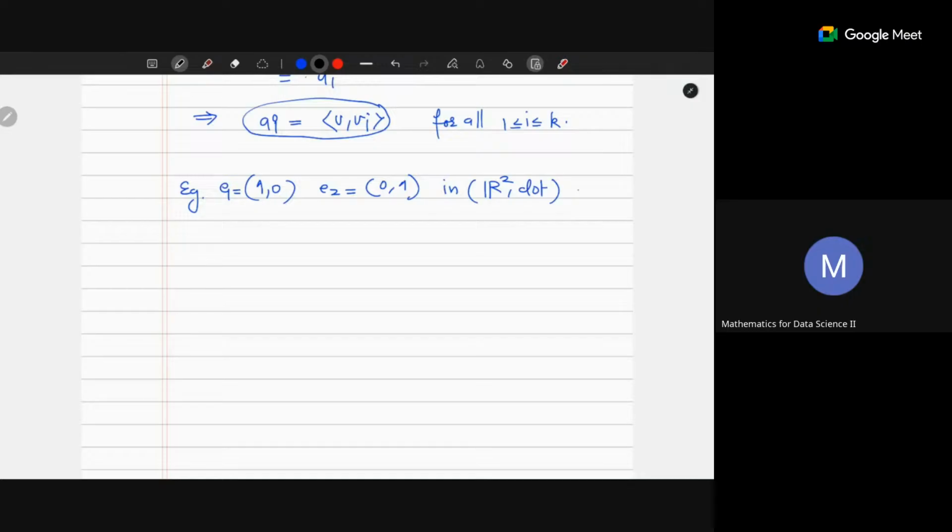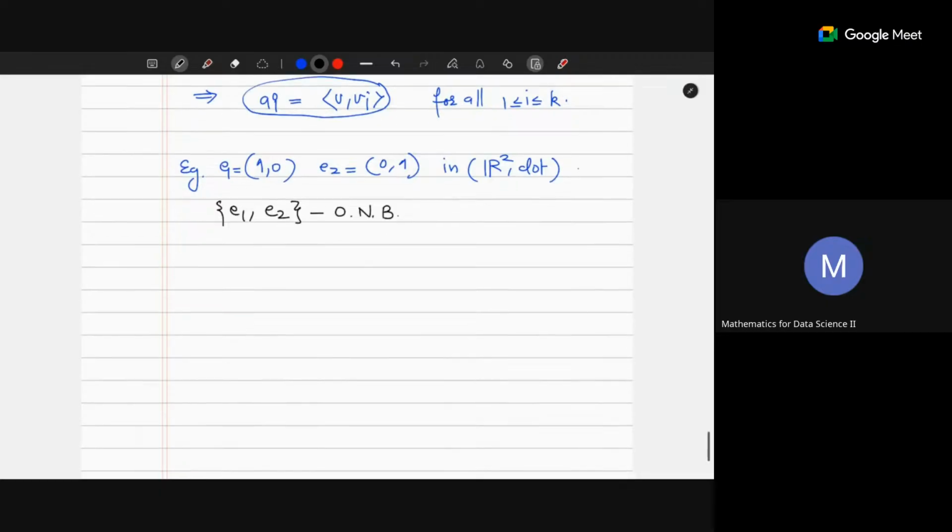First of all, we already know that E1, E2 form an orthonormal basis. It is easy to check: the norm of E1 is 1, the norm of E2 is 1, and they are orthogonal to each other. So they form an orthonormal basis.